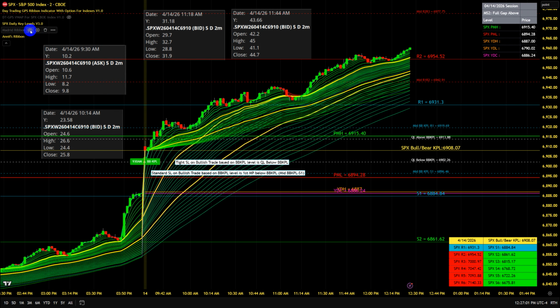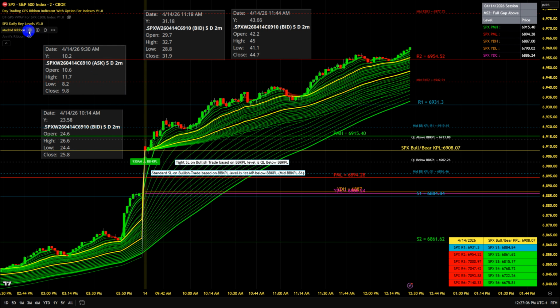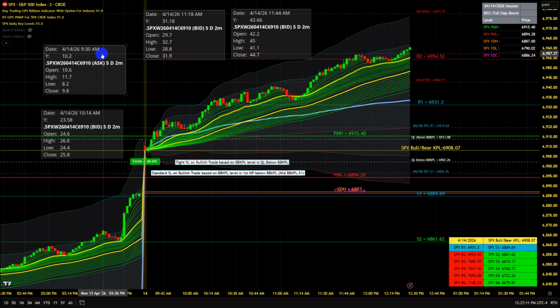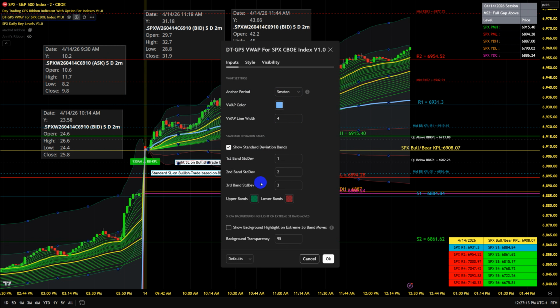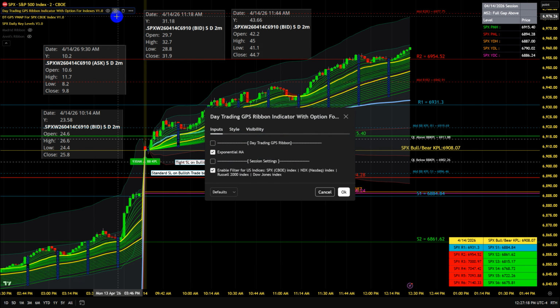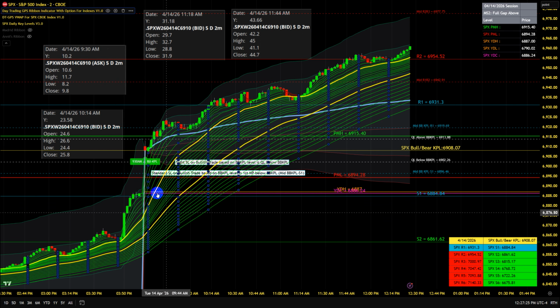So, as an example, there's the Madrid ribbon. Our ribbon actually has a filter. So let me turn on that. If you have the filter off, then you can use it like a regular ribbon, which also means that you can use it on regular symbols that do have overnight and pre-market activity, just like a regular ribbon.